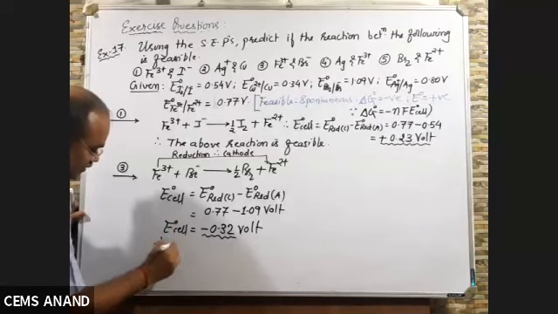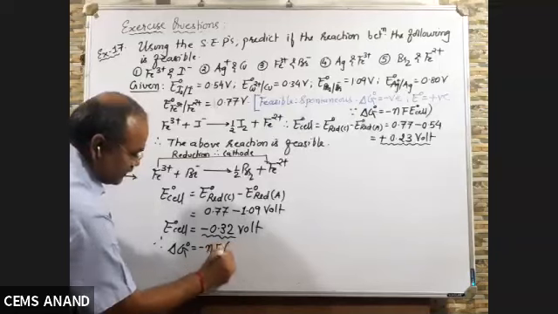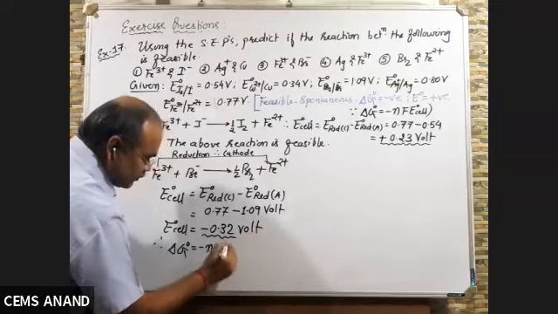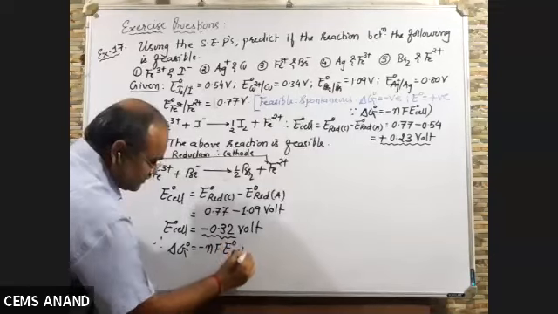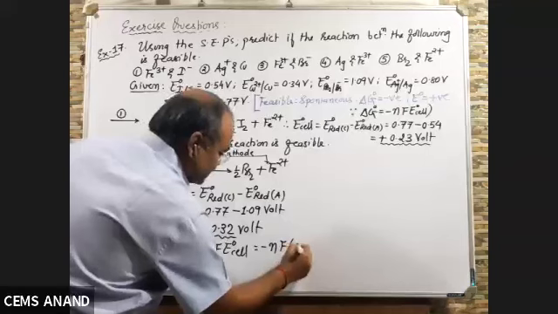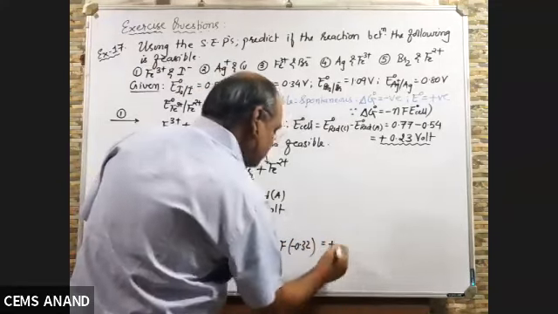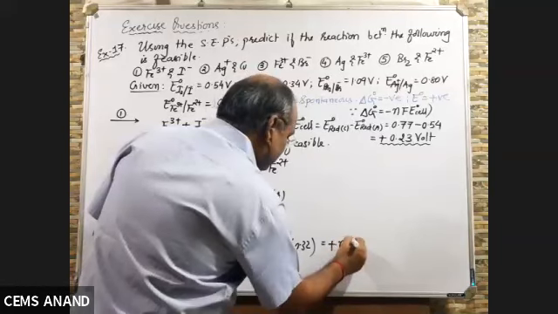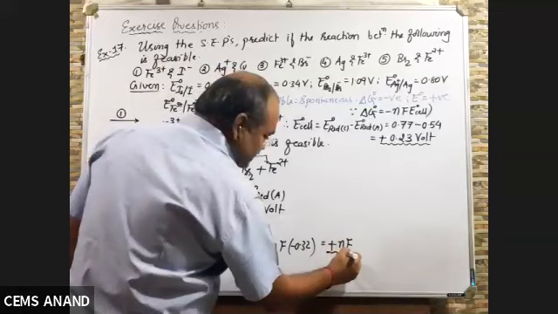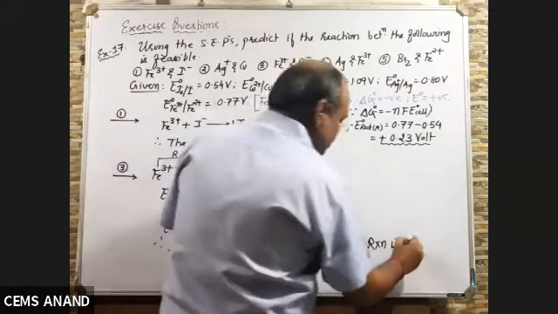Therefore, delta G0 is equal to minus nF into minus 0.32, so this will be equal to plus nF times 0.32, right? And if delta G is positive, therefore the reaction is non-spontaneous.